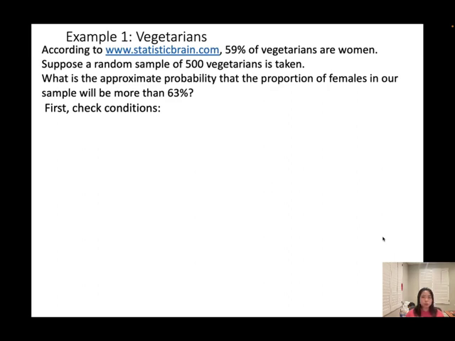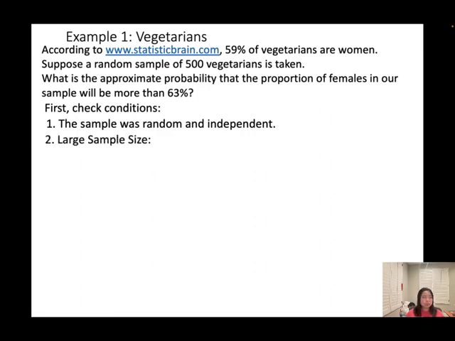First, we want to check the conditions. This is a random sample, right? Random and independent. Number 2, do we have a large sample size? We calculate n times p hat. n is 500 vegetarians, and p hat is 59%. Using a calculator, you get 295, which is greater than 10.